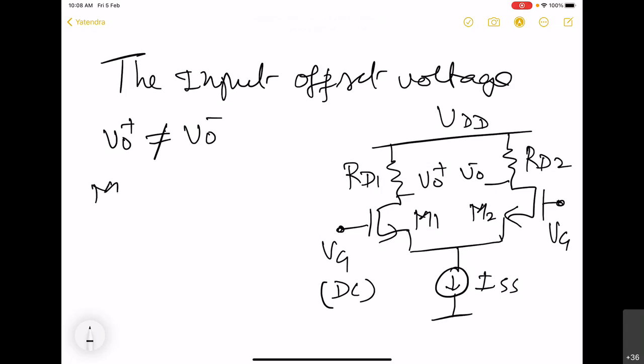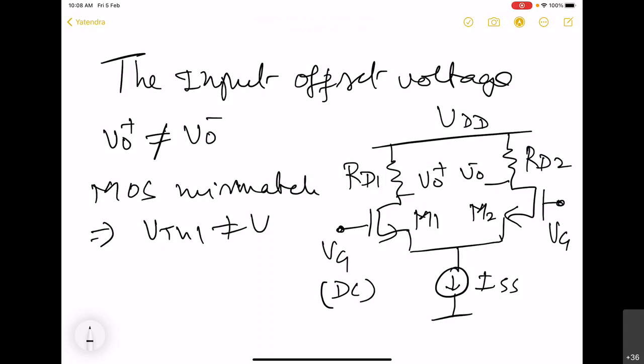And MOS mismatch, this implies that their threshold voltages, they are not same. Similarly, their aspect ratio, that means ratio of width to length of the channel, that is also not same for the two MOS.